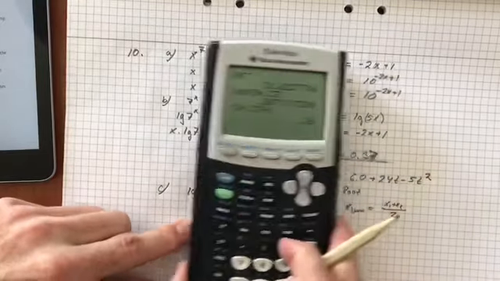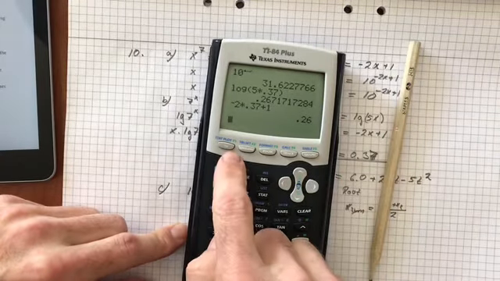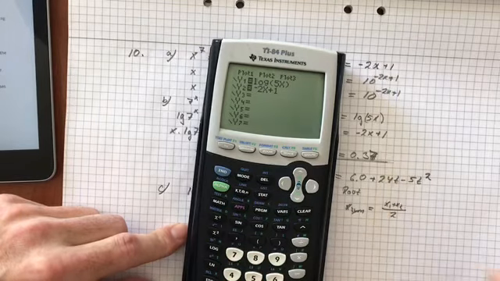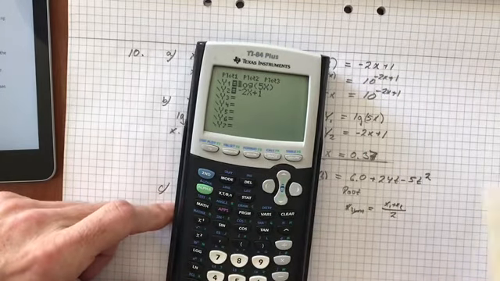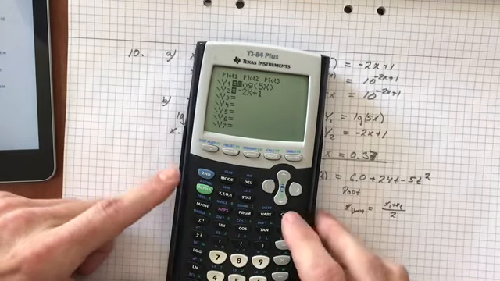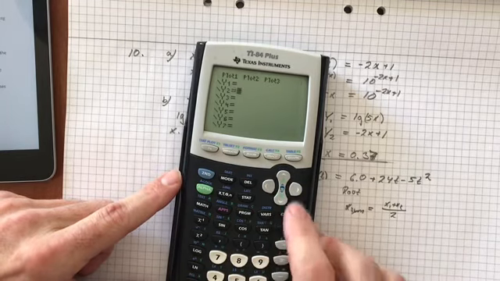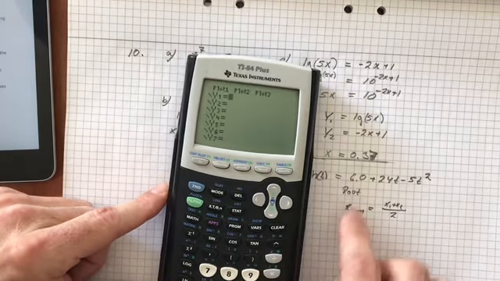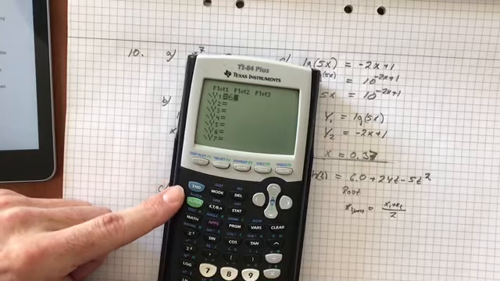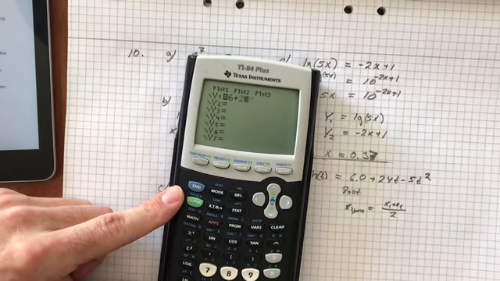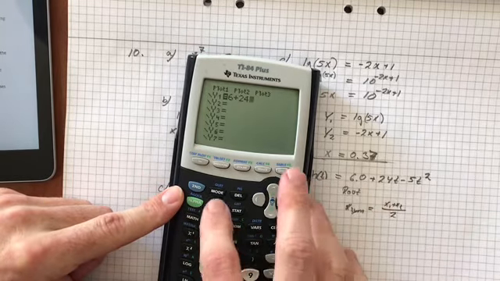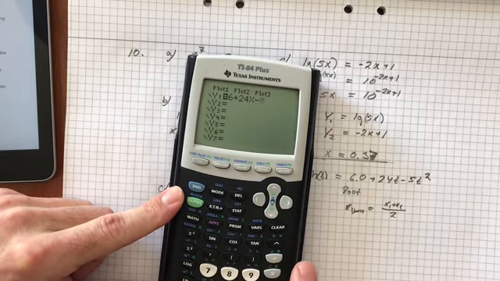I take my calculator and I go into y equals, and I will draw this function so we see it as a graph. Take away these old things. 6 plus 24t, but now we use x, minus 5x squared.